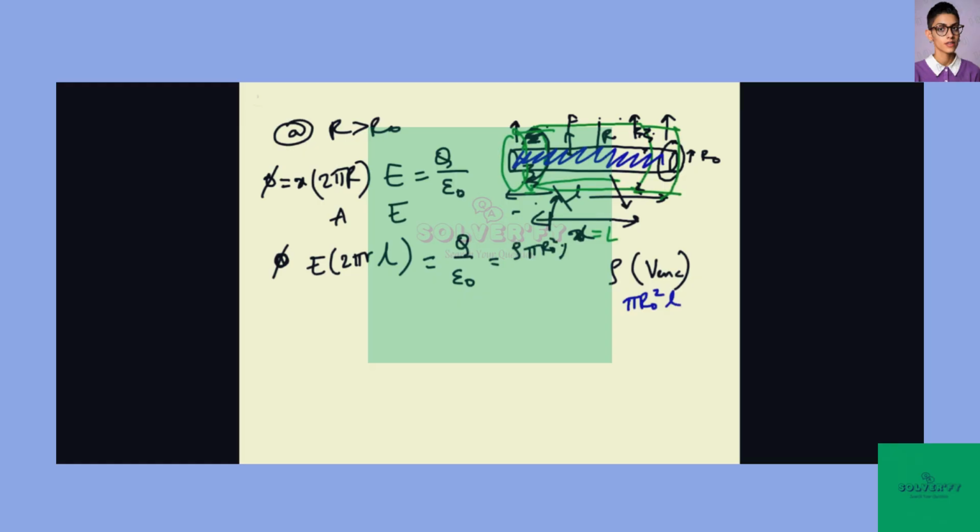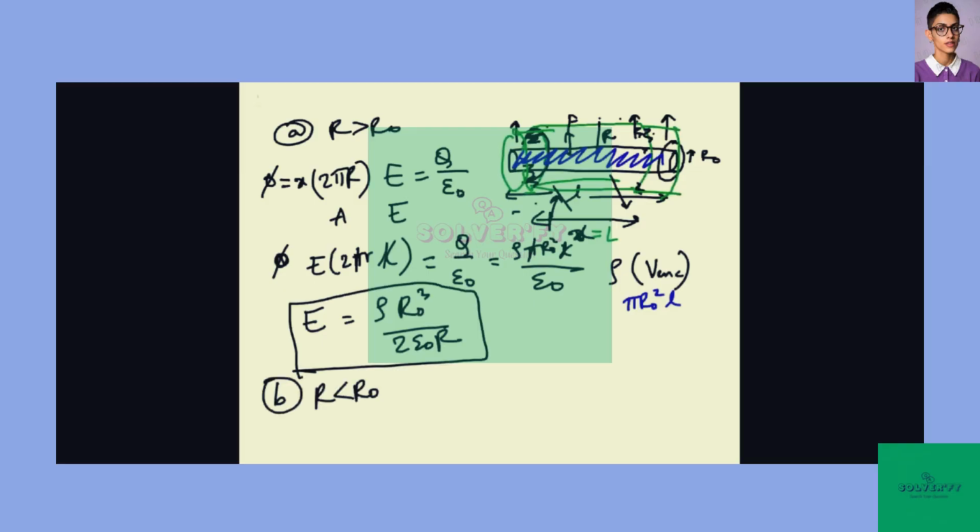So cancelling a few common terms, we see that the electric field is rho r naught squared by 2 epsilon naught r, and it's directed radially outwards. Now for part B, we consider r less than r naught.